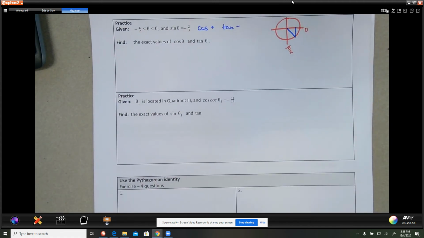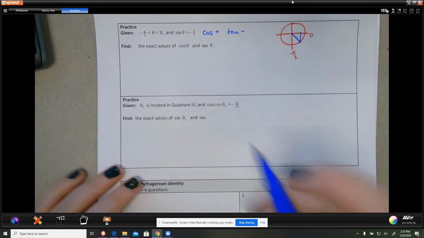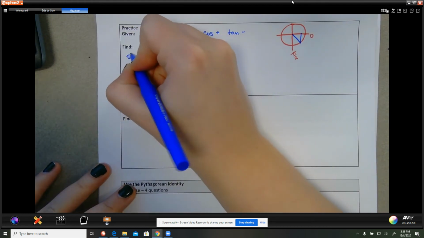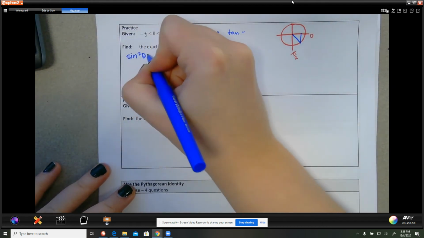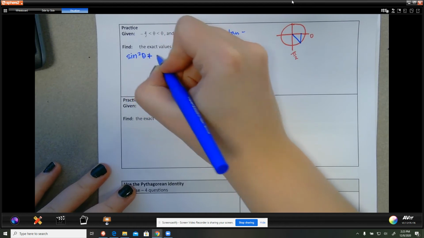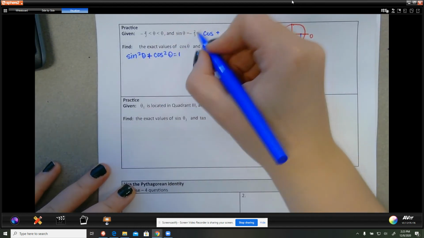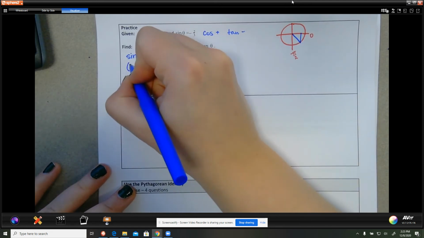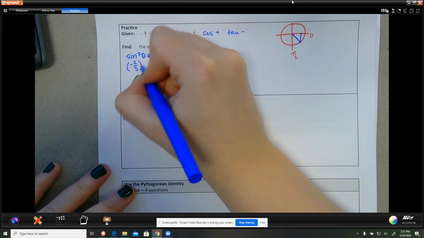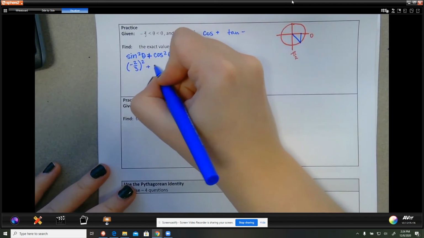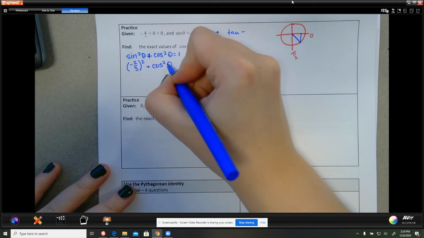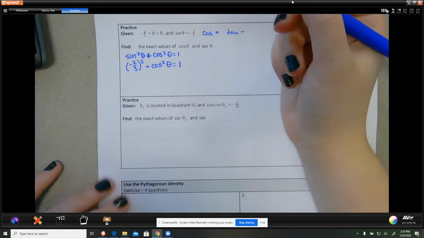Okay. All right. So now I'm going to find cosine using my Pythagorean identity. Oh, sorry, plus. Okay. Sine of theta is negative 2/3 squared plus the cosine squared is equal to 1.